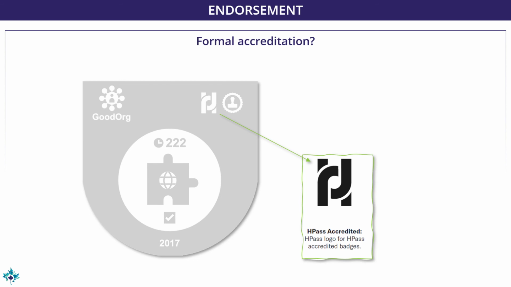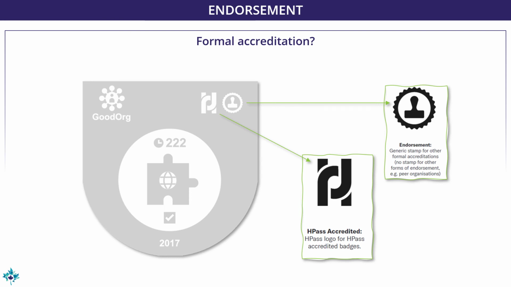So this is a somewhat high-stakes form of accreditation. You can have other forms of formal accreditation that are not HPAS certified. Those might be ISO, for example, or something like Quality Matters. And again, you can provide an indicator of that and then back that up with the metadata when you click on the credential itself.